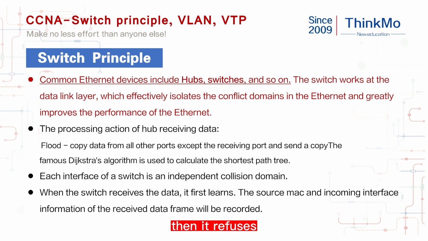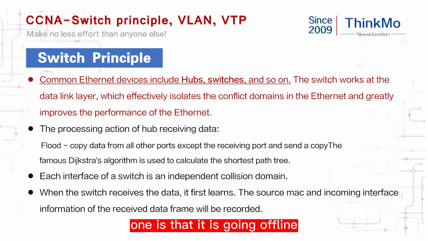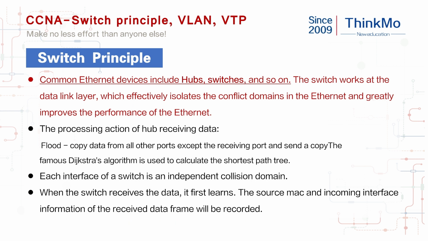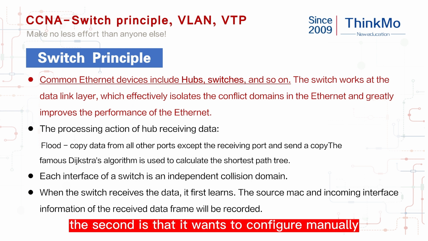Then it refuses? This situation does not exist. There are only two cases. One is that it is going offline. The second is that it wants to configure manually. Then it will actively send a message to the device to release the address allocated by the device. It will not take the initiative to reject the offer.